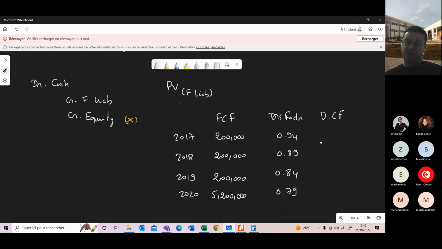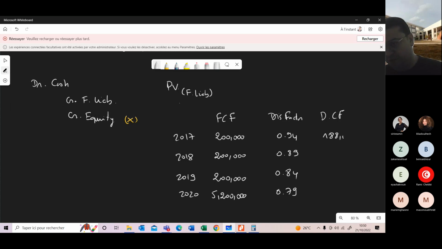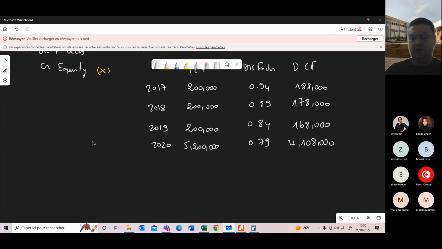So the discounted cash flows are 188,000, 178,000, 168,000, and 4,108,000.